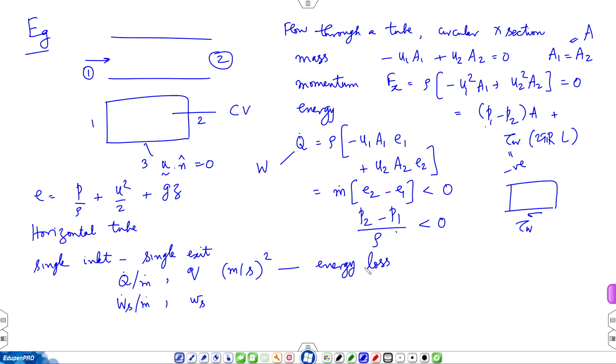So, flow takes place in the direction of decreasing pressure. This is a very loose kind of a statement, which we see is valid for a tube of constant circular cross section. Indeed, pressure decreases in the direction of flow. So, let us look at an extension of this problem.